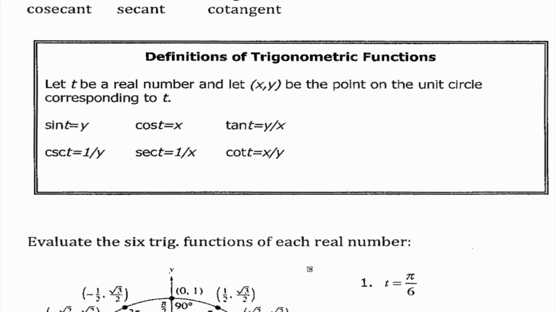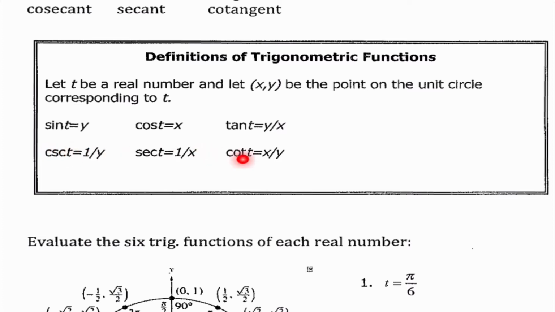So I'm going to zoom in here. It says let t be a real number. We always need an angle connected to our trig function, so t represents our angle here. And let (x, y) be the point on the unit circle corresponding to t. Instead of memorizing all these values, what we're going to memorize is that sine is the y value of the ordered pair, cosine is the x value, and tan is y divided by x.